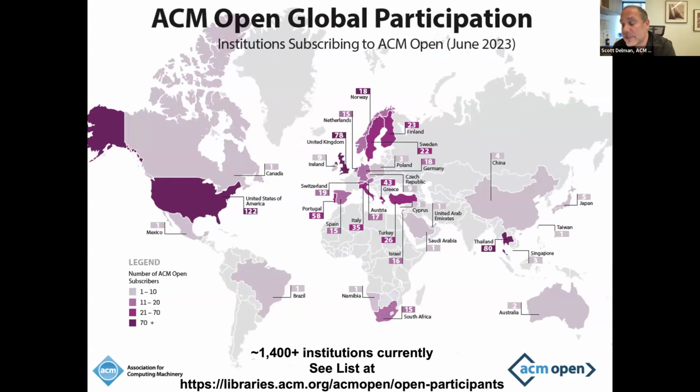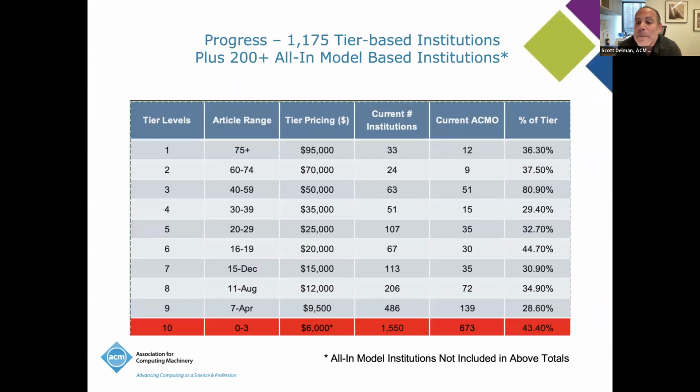So we've actually improved these numbers quite a bit. This is the number of institutions based on last year. Again, this is a little bit out of date, where you can see in that fourth column, total number of institutions per tier. And then at that time, about a year ago, the total number of institutions in each tier that had already signed on to ACM Open.